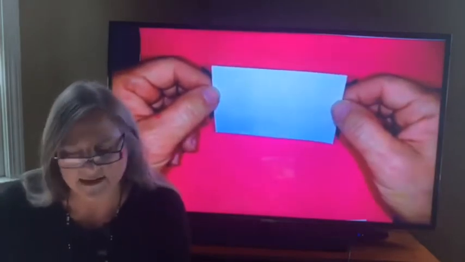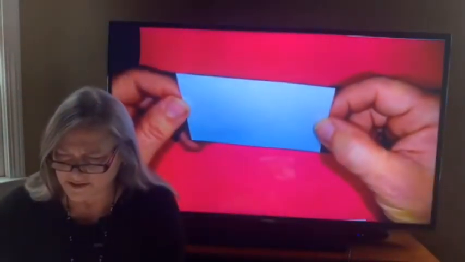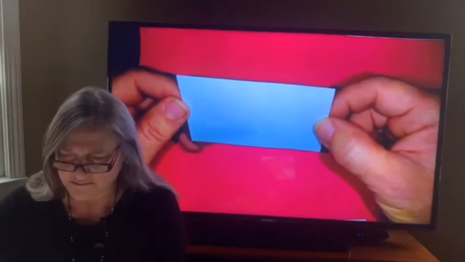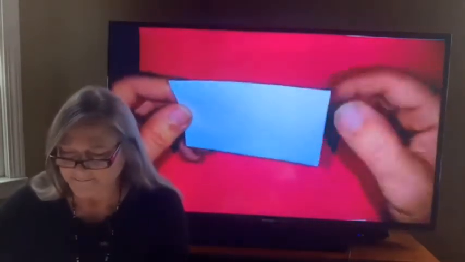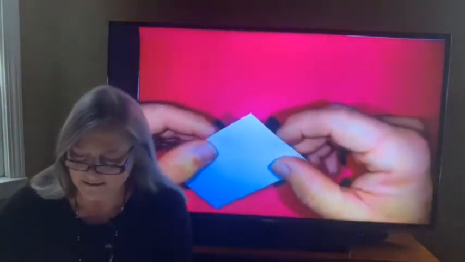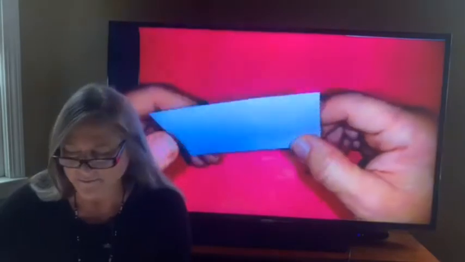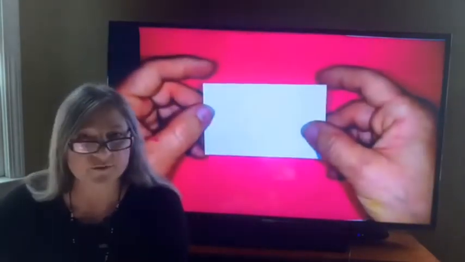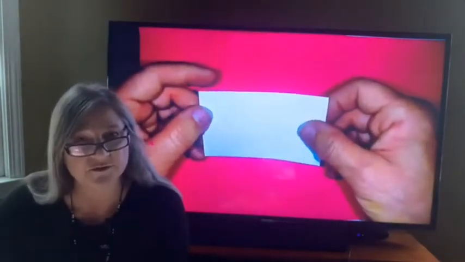How could I do that? And you pause. Don't tell them right away. Just pause. What could I do to make 2 equal shares? And so let's say your student says fold it. It's a good idea. So sometimes you can do what's called a non-example. So let's say your student says, well, you just fold it and then it'll become 2 equal pairs.